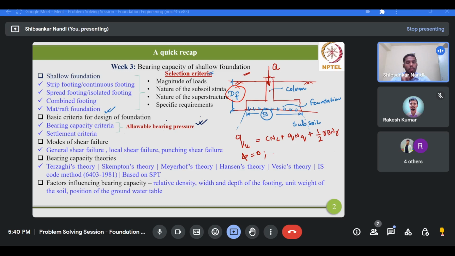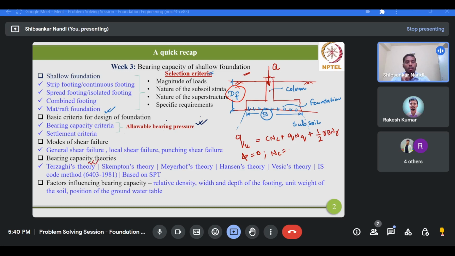Now if the phi value is 0, as per Terzaghi's equation, what are the bearing capacity factors? At least please keep in mind these values corresponding to phi equals 0 and the different bearing capacity theories. Suppose I am talking about Terzaghi's bearing capacity.